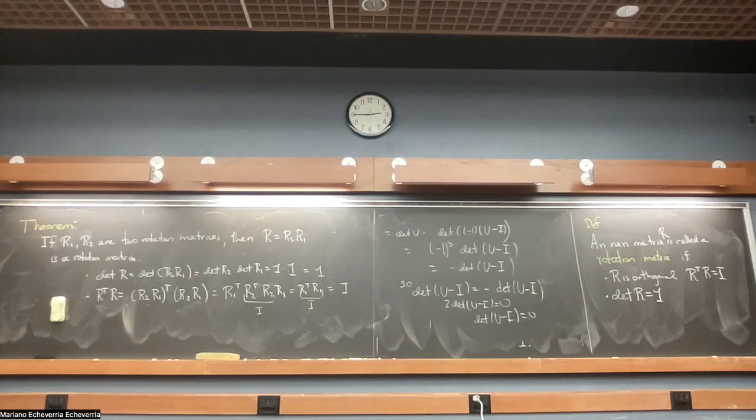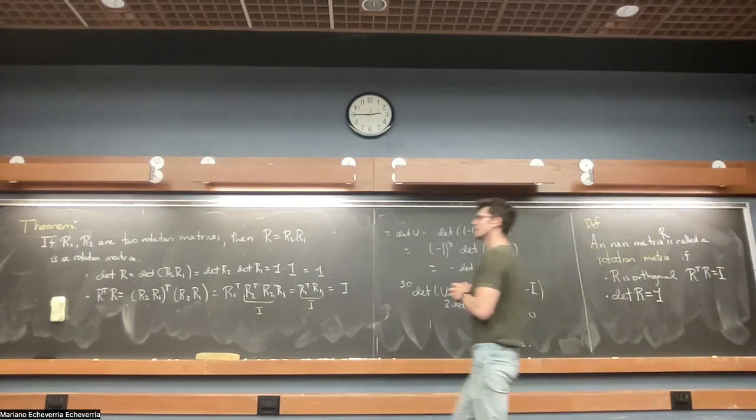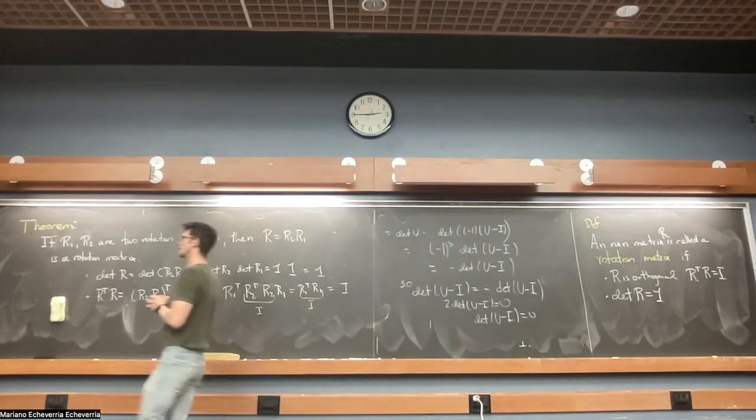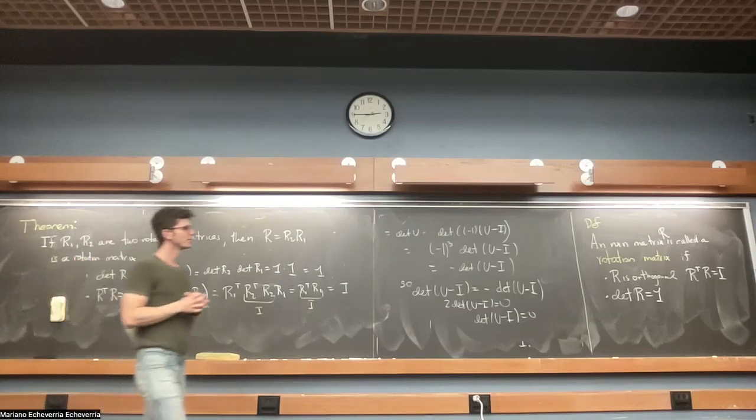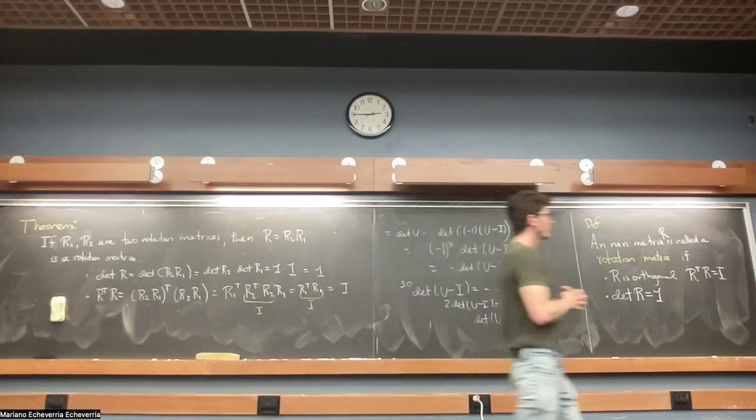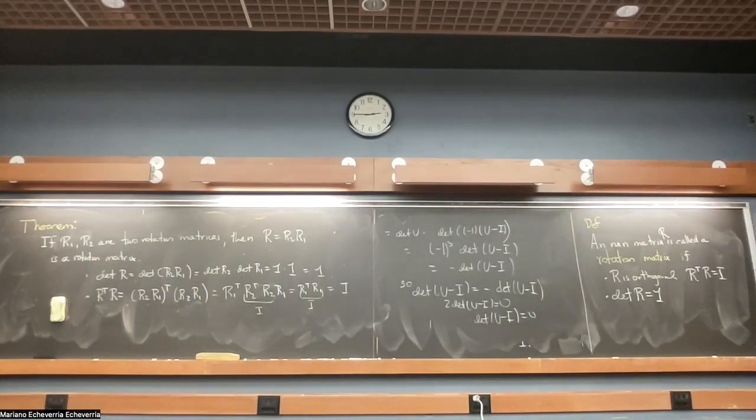Okay, so yeah, this is kind of what I wanted to say about orthogonal matrices. In practice they're very interesting. I want to start from scratch with the next topic next time, because starting it right now wouldn't make a lot of sense, since it's one of the biggest theorems of linear algebra.